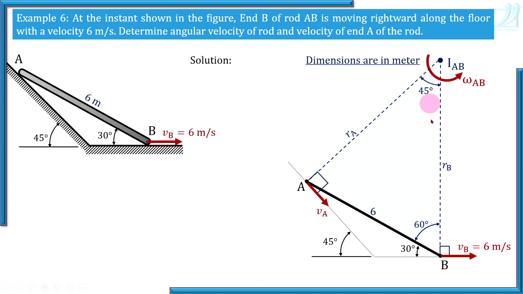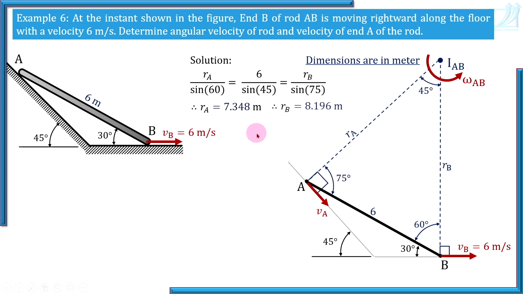And two angles are given, which means the third angle is also known, 180 minus 60 and 45. So RA upon sin 60 is equal to 6 divided by sin 45, sine of the opposite angle, and RB upon sin 75, and you will get RA and RB. So this is how we have found out RA and RB, which means we have solved the problem.